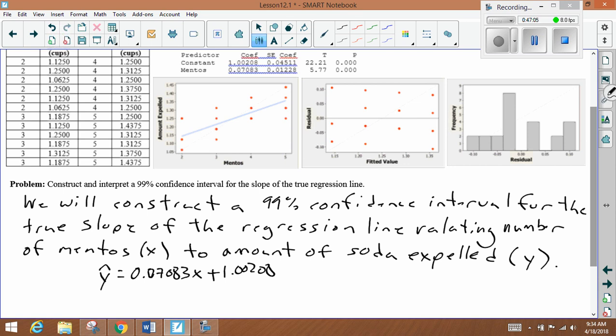They're asking us to construct a confidence interval. We wouldn't have to do that, but it's kind of nice to do, to think about the problem. What we really need is the standard error here. So the standard error of our slope is this guy.